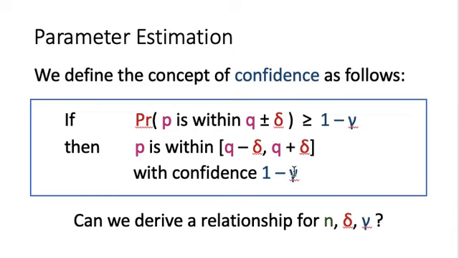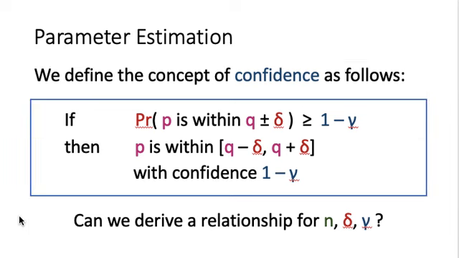In this part, we want to derive a relationship for n, the number of samples that we should make, delta, which is the range around Q, and also gamma, which is related to the confidence value. So can we derive a relationship for n, delta, and gamma?